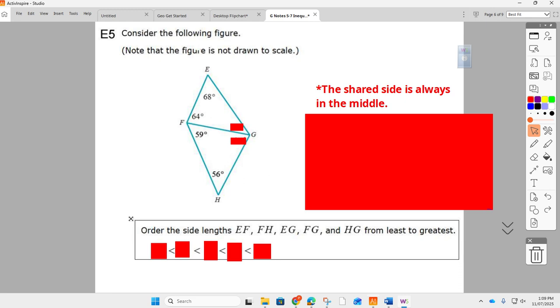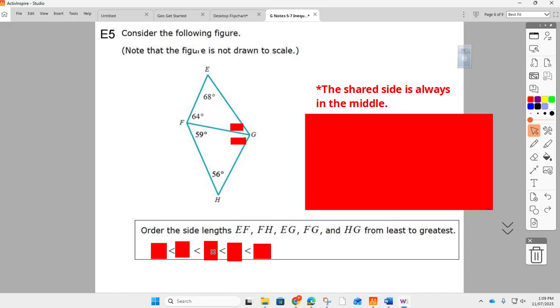So one of those shortcut sheets, whatever you want to call it, is that when we're putting all 5 of these sides in order, the shared side's always going to be in the middle. You don't know exactly what that means yet, but go ahead and write it down if you haven't already. Shared side is always in the middle. So you're only going to really have to order 4 of the sides because you already know where that segment FG goes.